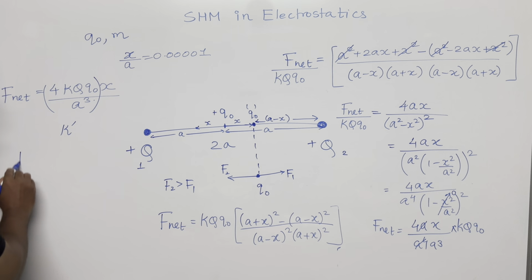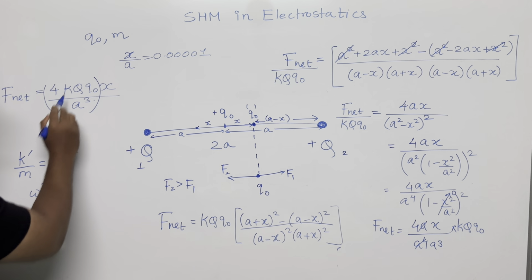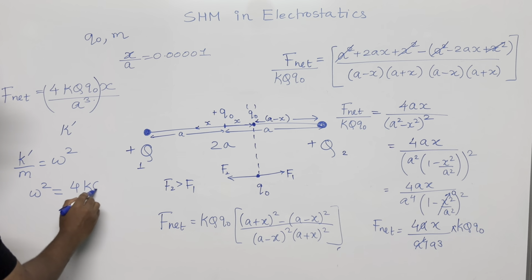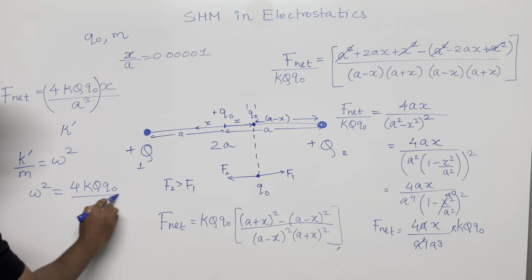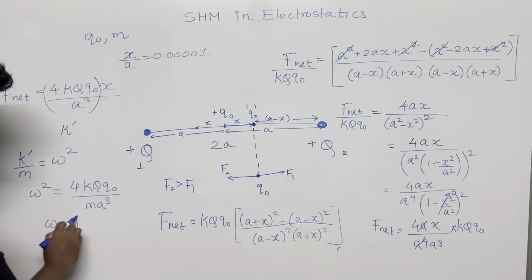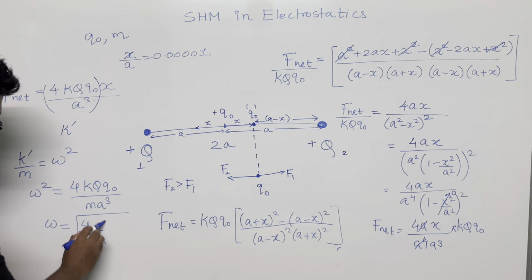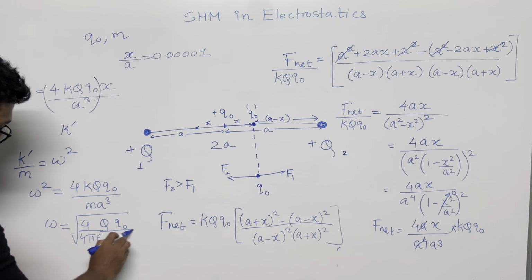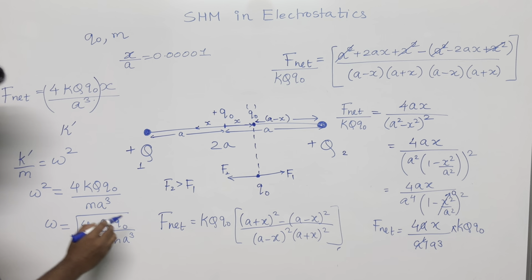Now if I write this as k dash by m, then I will get omega square. So omega square is nothing but this k dash by m, 4kq0 divided by maq. So omega is nothing but square root of 4 upon 4 pi epsilon naught q0 maq, right?